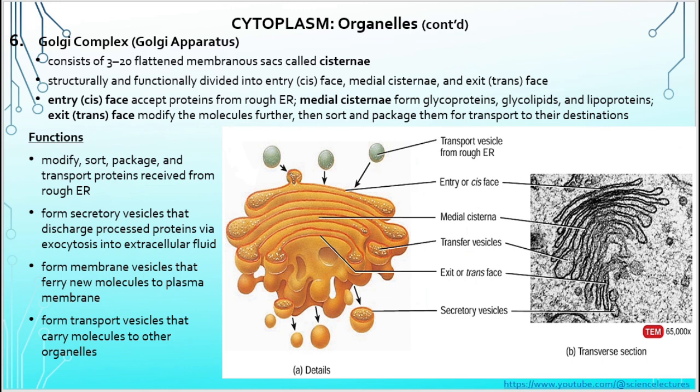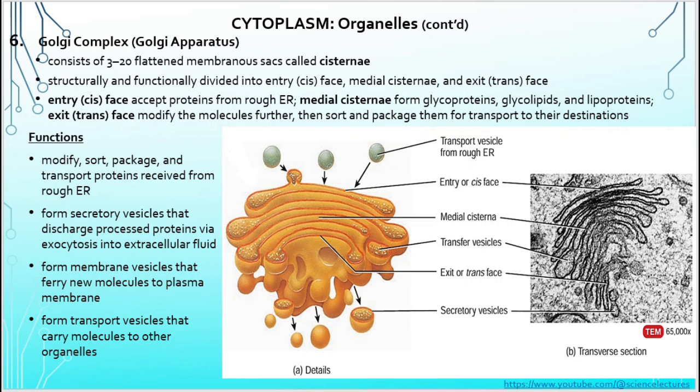So most of the proteins synthesized by ribosomes attached to the rough endoplasmic reticulum are ultimately transported to other regions of the cell. The first step in the transport pathway is through another cell organelle called the Golgi complex. This Golgi complex, also called the Golgi apparatus, consists of cavities known as cisternae.